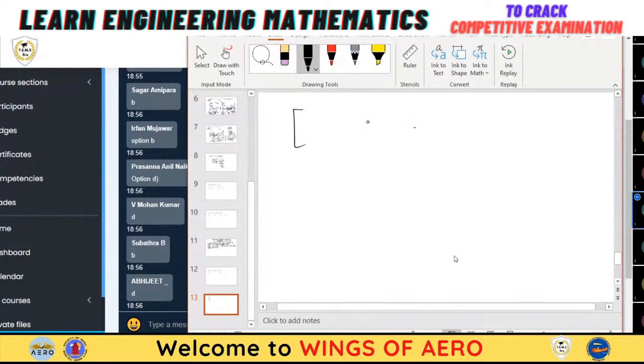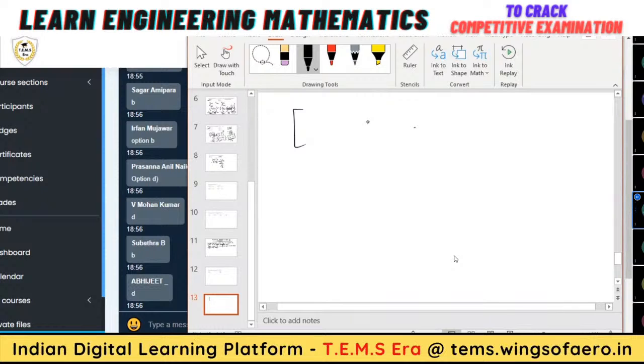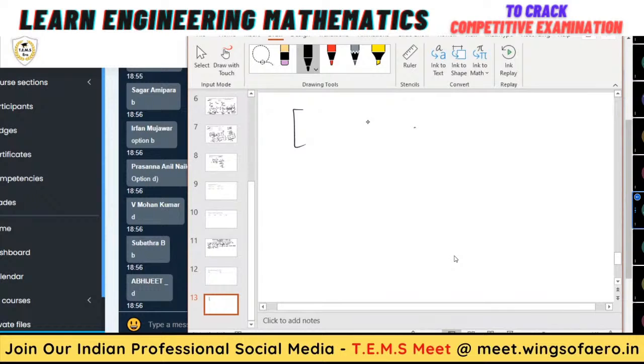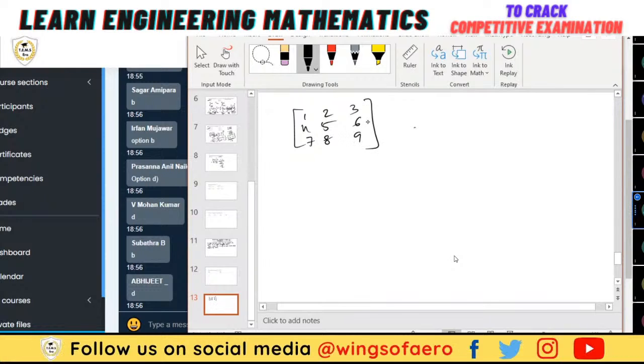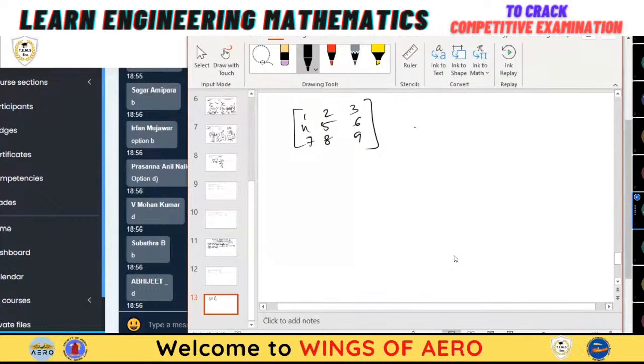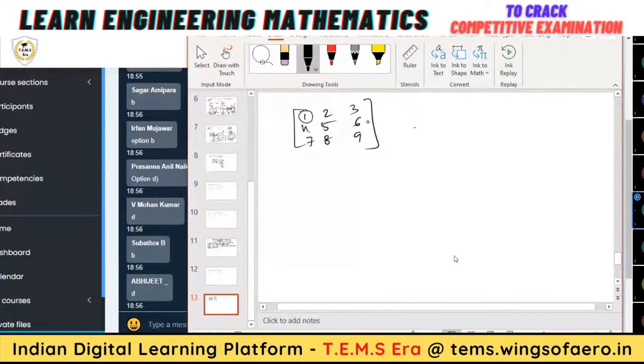Suppose a 3 cross 3 matrix. First I told you that I will find the cofactor matrix. Suppose I am considering a matrix like this: 1 2 3, 4 5 6, 7 8 9. Always remember, each and every element of a matrix has a cofactor. What is the cofactor of 1?